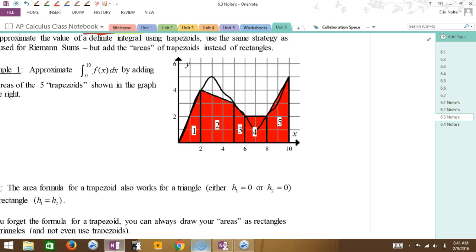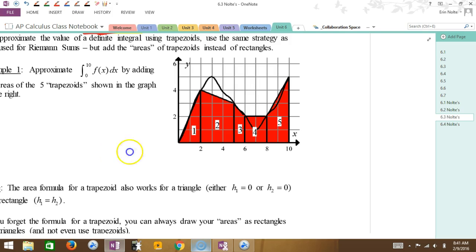It is still giving you an estimate of the area underneath the curve, but a more precise one. So if you have something that's totally sloped down and doesn't have flat edges, the trapezoidal rule is going to be more accurate.